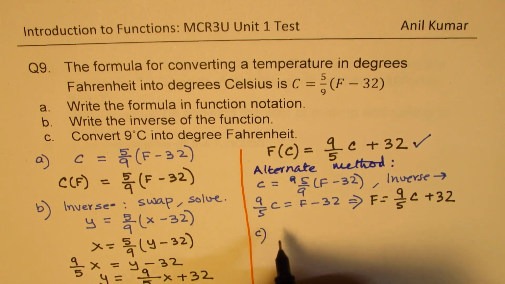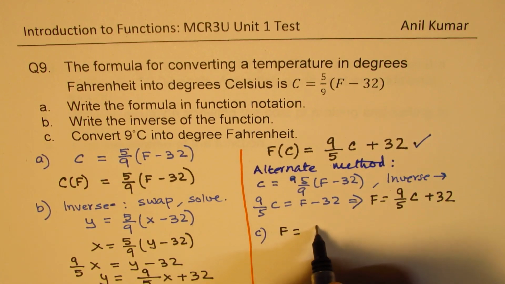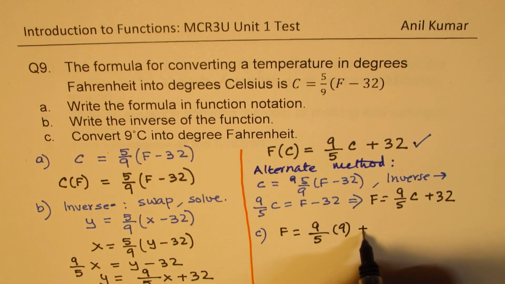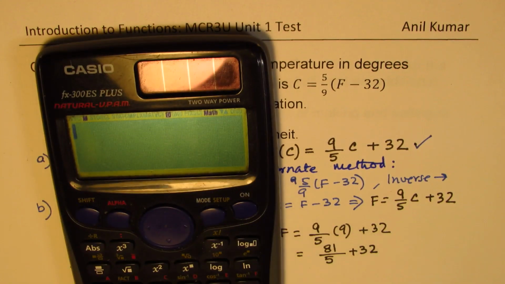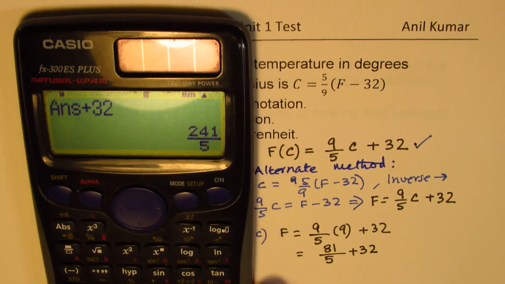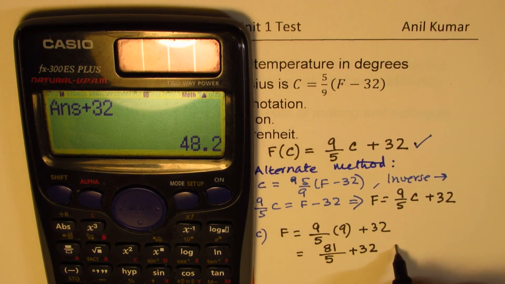We'll just replace C with 9. So F equals 9 over 5 times 9 plus 32, which is 81 over 5 plus 32. You can use a calculator to calculate this. We have 81 divided by 5 plus 32 equals, in decimals, 48.2.